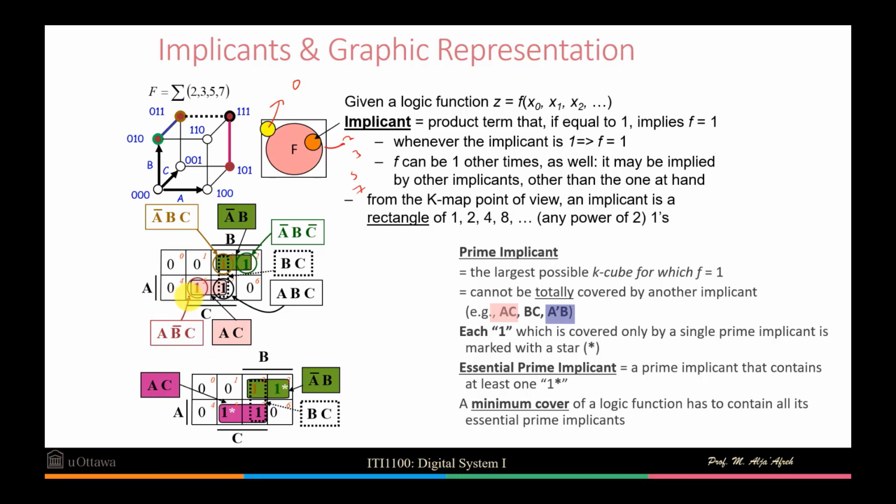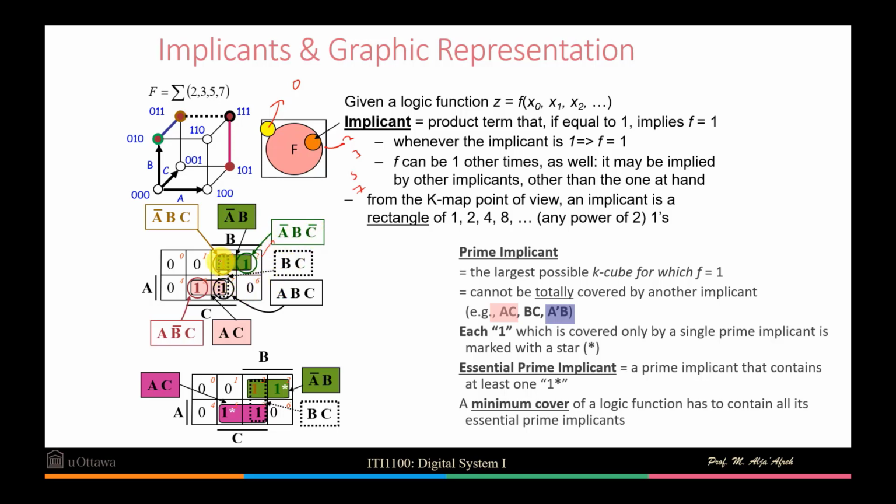And as a matter of fact, this Karnaugh map has 4 ones because I have 4 minterms, 2, 3, 5, and 7. This is 2, this is 3, this is 5, and this is 7. And look at this. That 2 can be rewritten here as A prime, B, C prime.